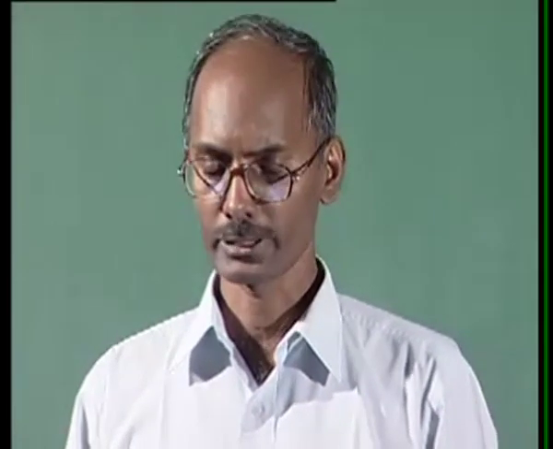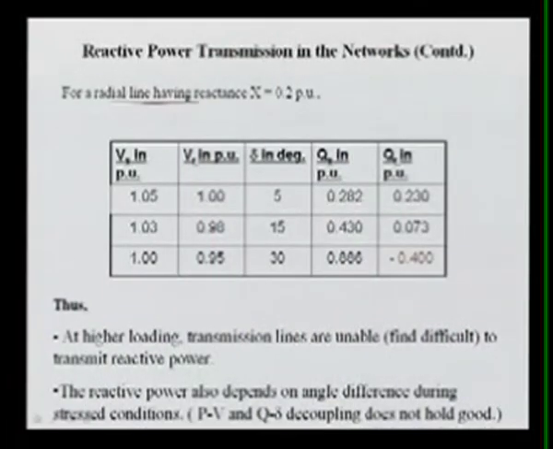Just I have taken one example for the same radial transmission system where this line has a reactance X equal to 0.02 per unit on a 100 MVA base. The sending end voltage is kept at 1.0 for one case, and the receiving end voltage is 1 per unit. The angle for the given load is 5 degrees.